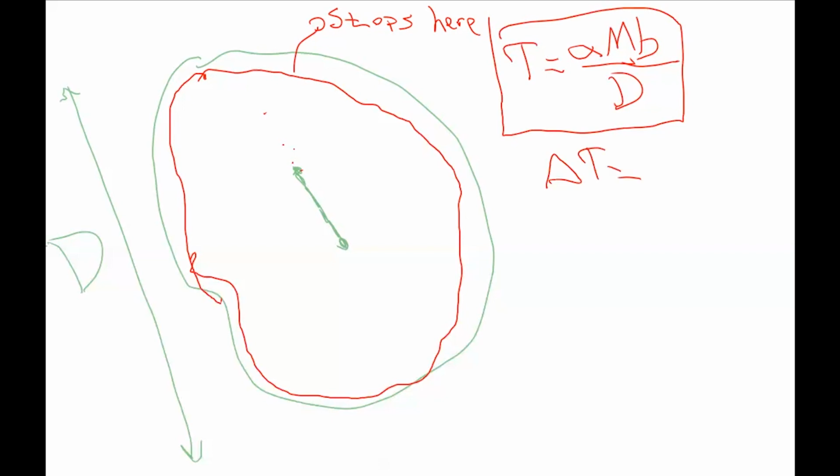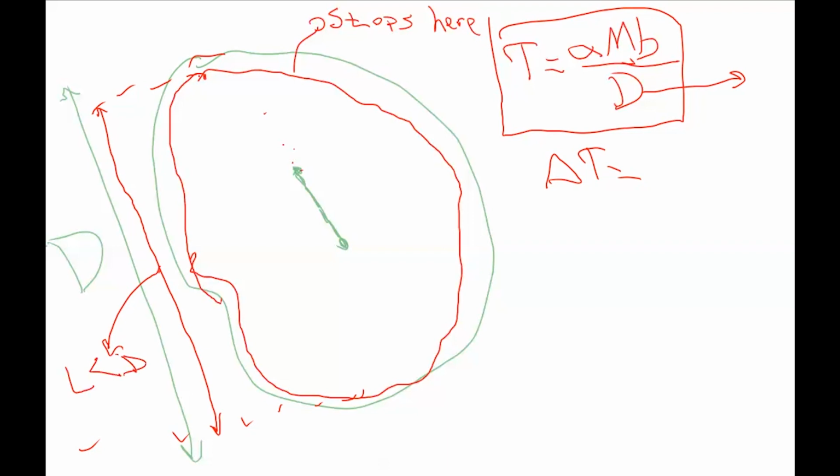To generate the first dislocation, the length is D. This is the minimum because right now, the next step, we will have a length less than D, right? The length is less than the average grain size. So we will have less value for D. If we decrease this value, that means we need more stress to activate the second dislocation.